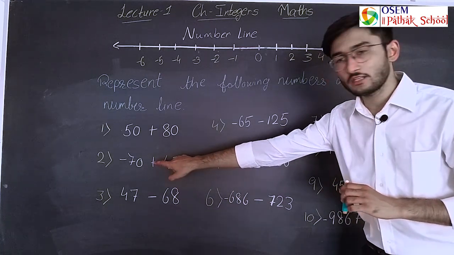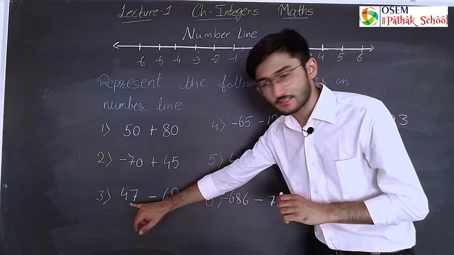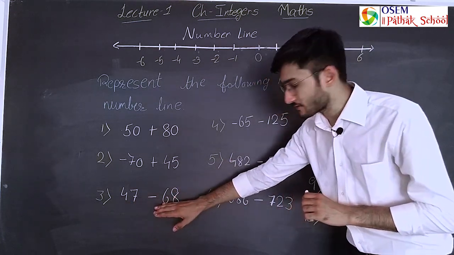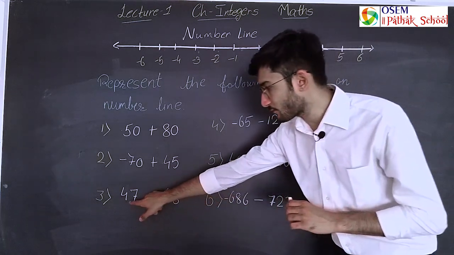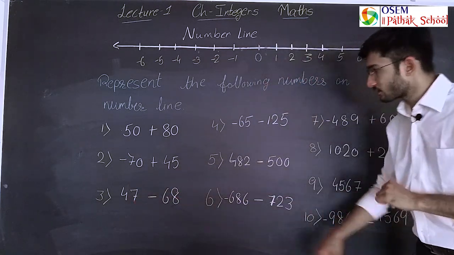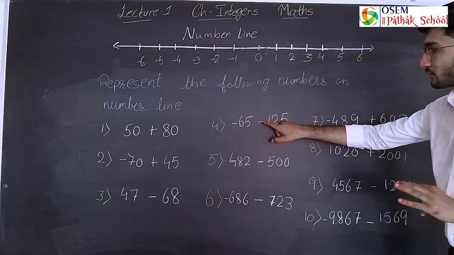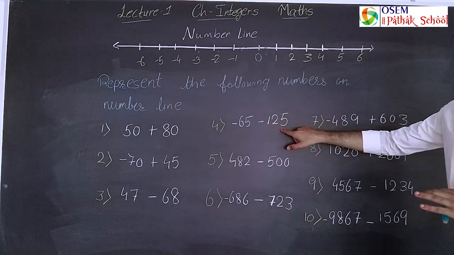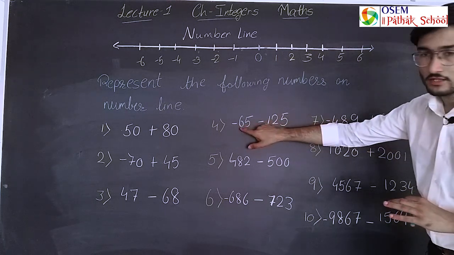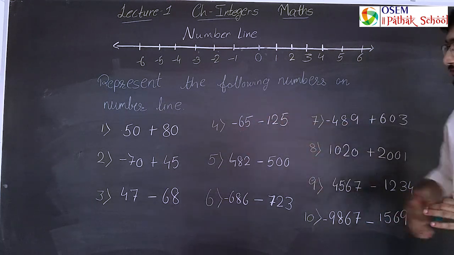Here one negative integer and one positive integer. Third one, 47 minus 68. Here one is a positive integer and the next one is a negative integer. Fourth, minus 65 minus 125. Here both are negative integers.